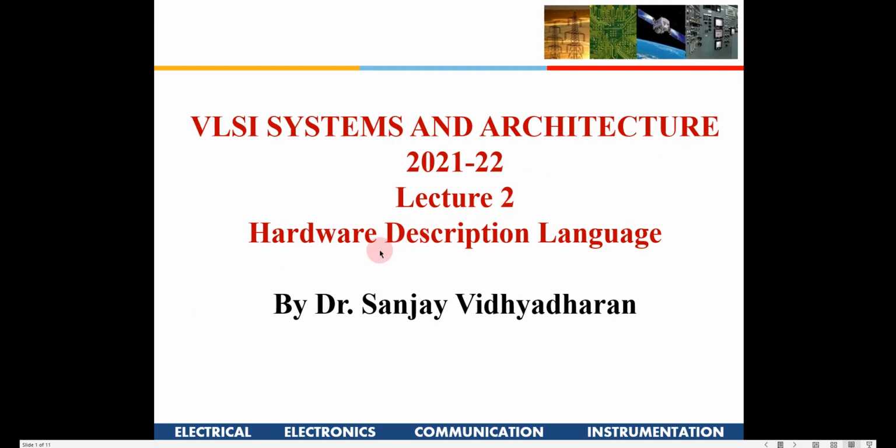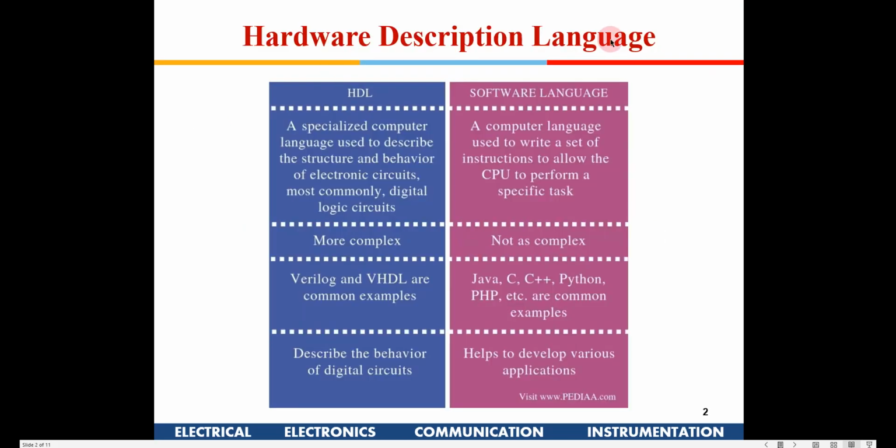In this class, I'm going to give you a small demo on how to use an HDL language, a hardware description language, to implement a small function. How is it different from a software language? This particular language is targeted towards implementation of digital logic circuits.